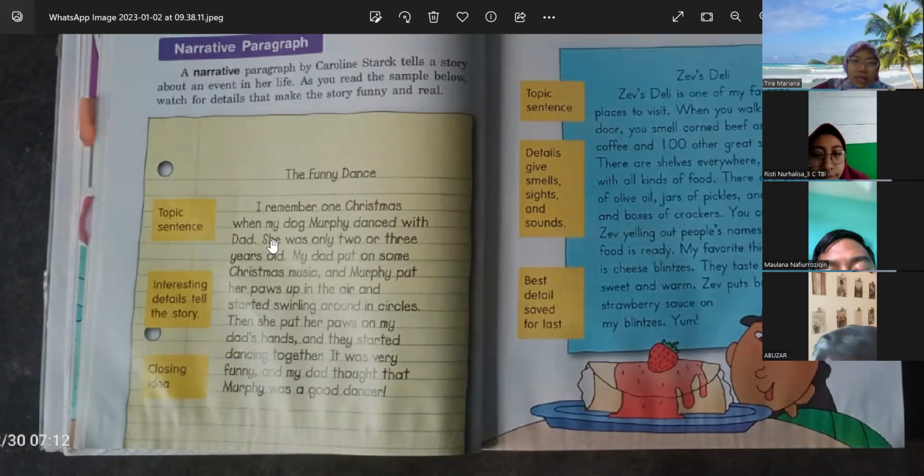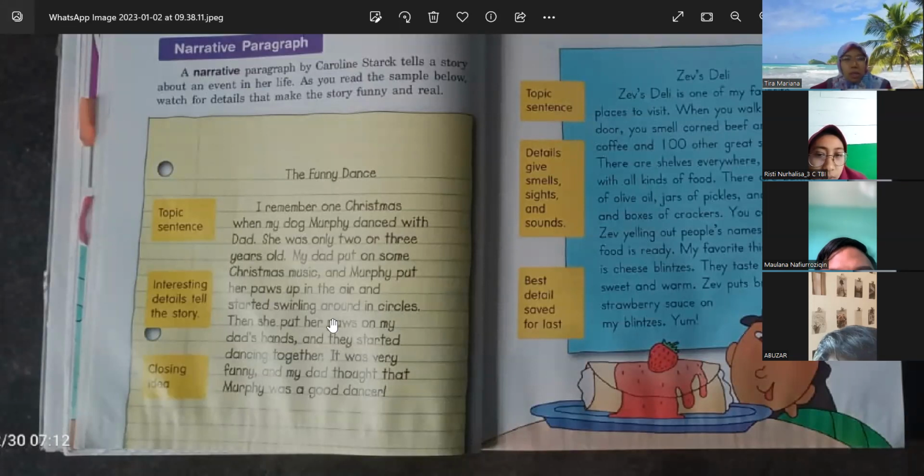So the first detail, the author gives information about the dog. How old is the dog? And then her dad put on some Christmas music. Murphy put her paws up in the air and started whirling around in circles.